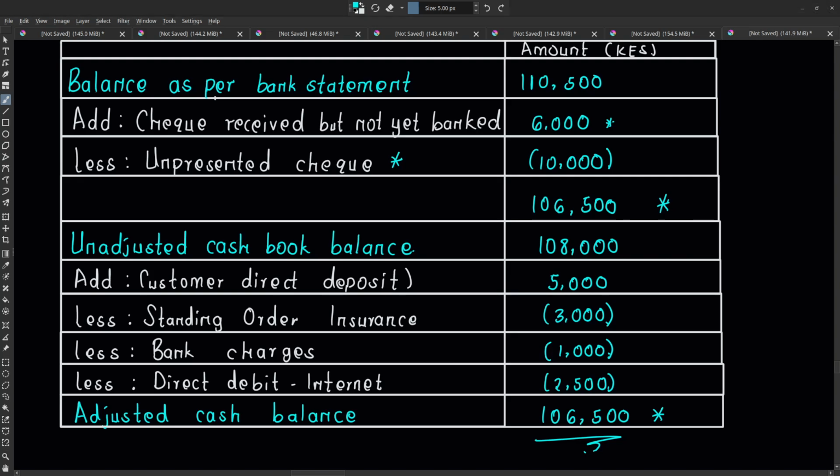Okay, and that is it for today, but we are going to do more examples of this so that we're able to understand all occurrences that cause this difference, and see what we do to come up with the correct cash balance as at a particular point in time.